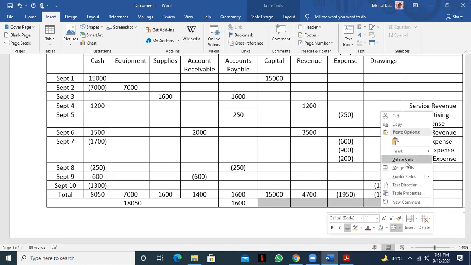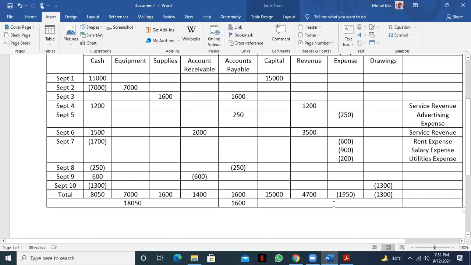And these, you'll merge it. It is how much? 16,450. Okay.